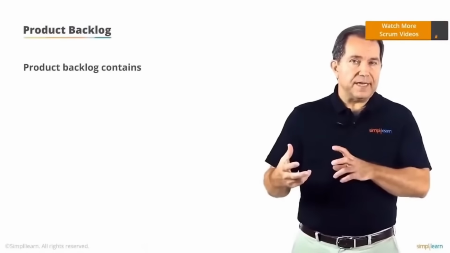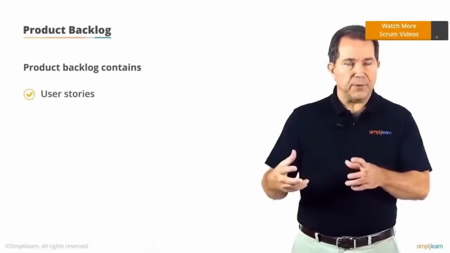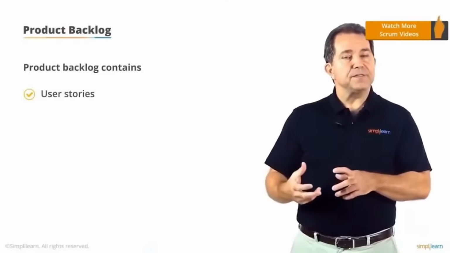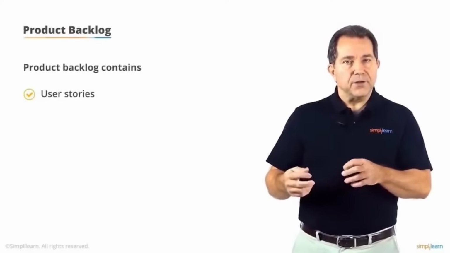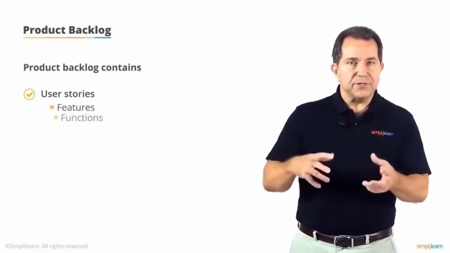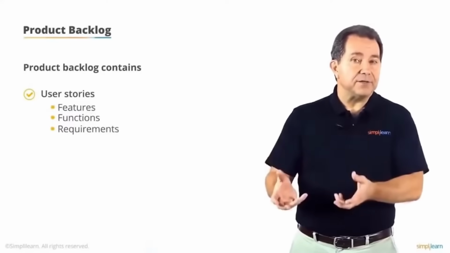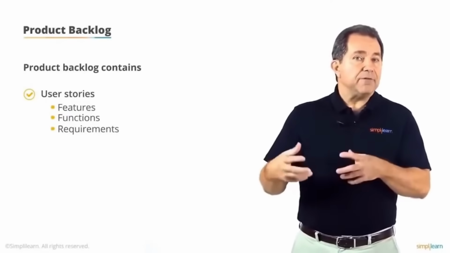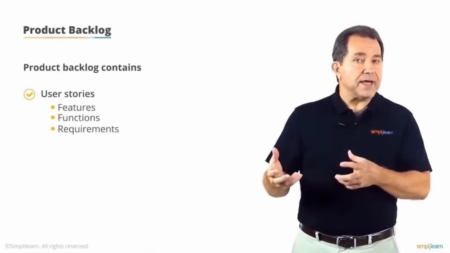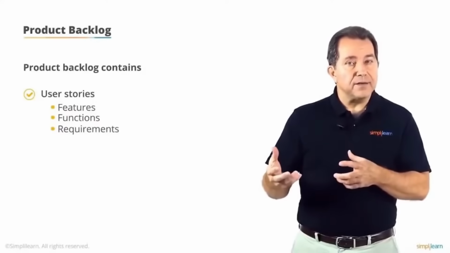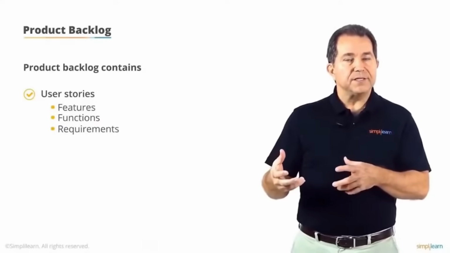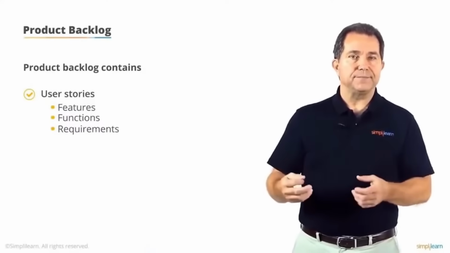As we said, the product backlog contains the user stories for the entire project, and it is the responsibility of the product owner. User stories are features, functions, or requirements that deliver value to the customer. However, the product backlog will also have to contain technical or non-functional user stories necessary for the system to work properly.